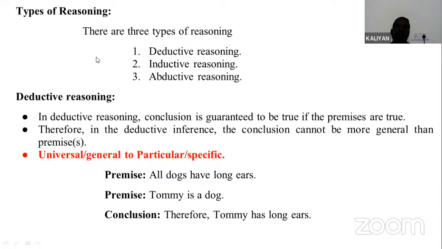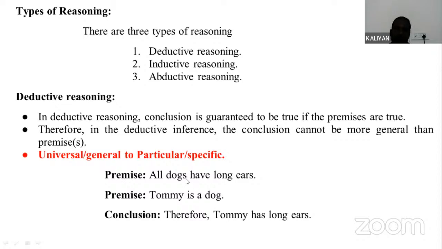In deductive reasoning, the conclusion is guaranteed to be true if the premises are true. The conclusion cannot be more general than the premises. The argument mostly goes from general to specific. For example, the premise is all dogs have long ears, Tommy is a dog, therefore Tommy has long ears.